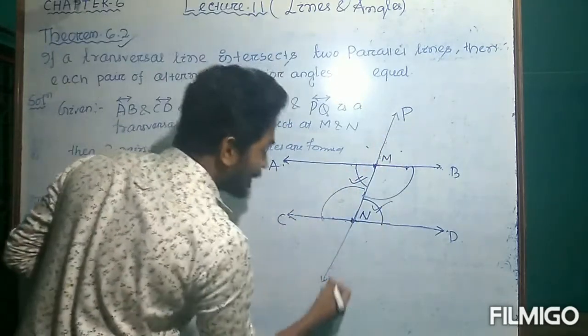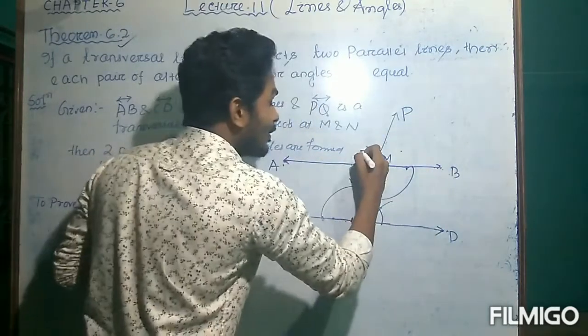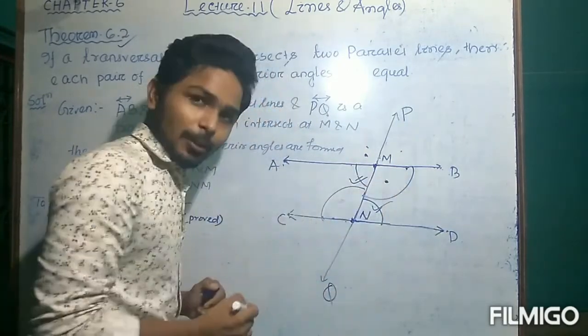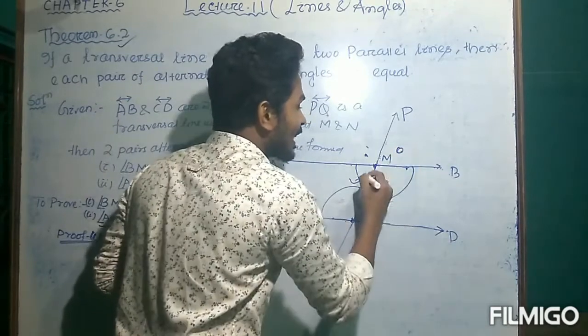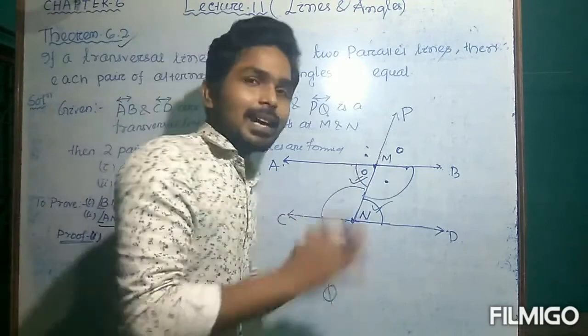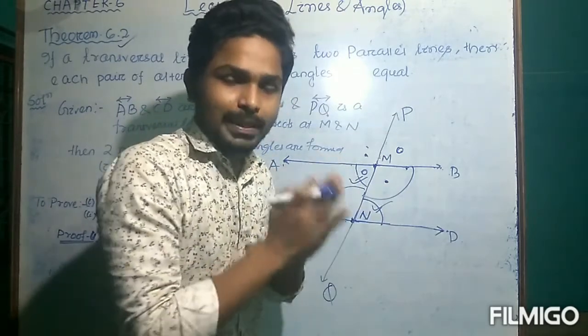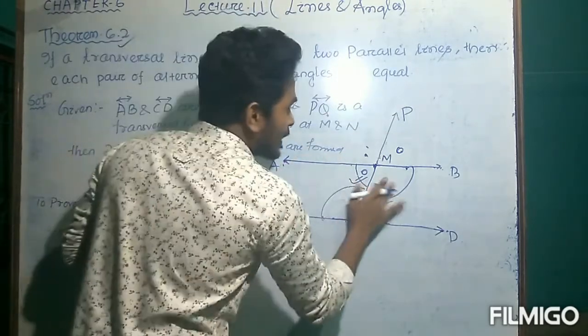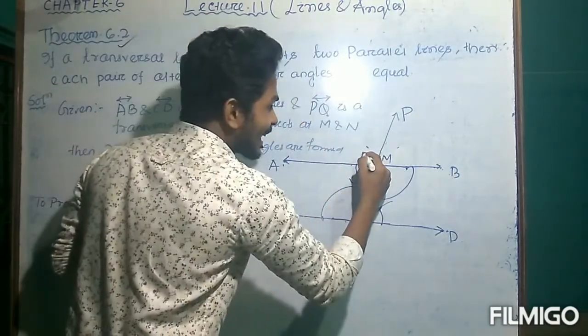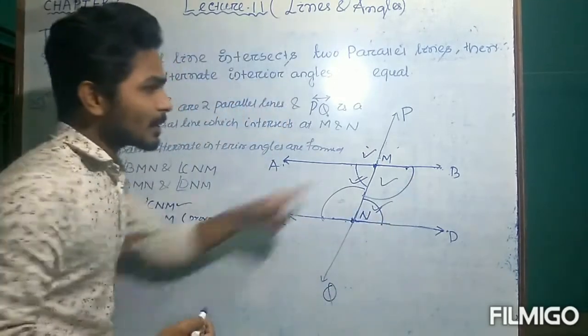This angle pair is vertically opposite, and this angle pair is vertically opposite, and vertically opposite angles are equal according to theorem 6.1.